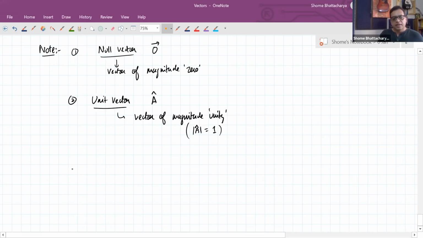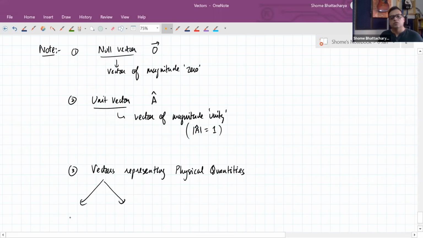Now, as far as we're talking about vectors representing actual physical quantities, we further divide vectors into two categories: what are called polar vectors and what are called axial vectors.